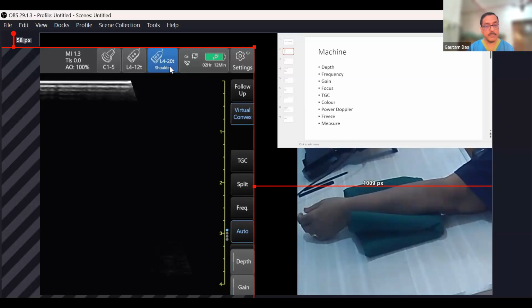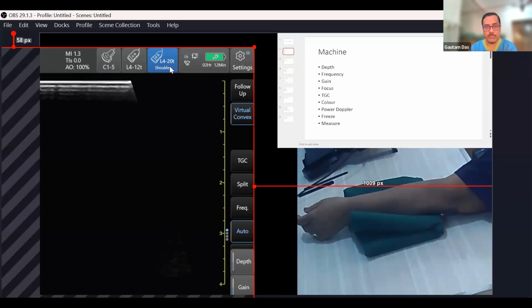We also have the hockey stick probe. Here it is not attached. So this is a hockey stick probe. The hockey stick probe is also a high frequency probe, normally approximately 20 megahertz. But other probes are also available, like the high frequency probe I'm using. It's not a hockey stick probe, because the hockey stick probe has some limitations: its footprint is very small.